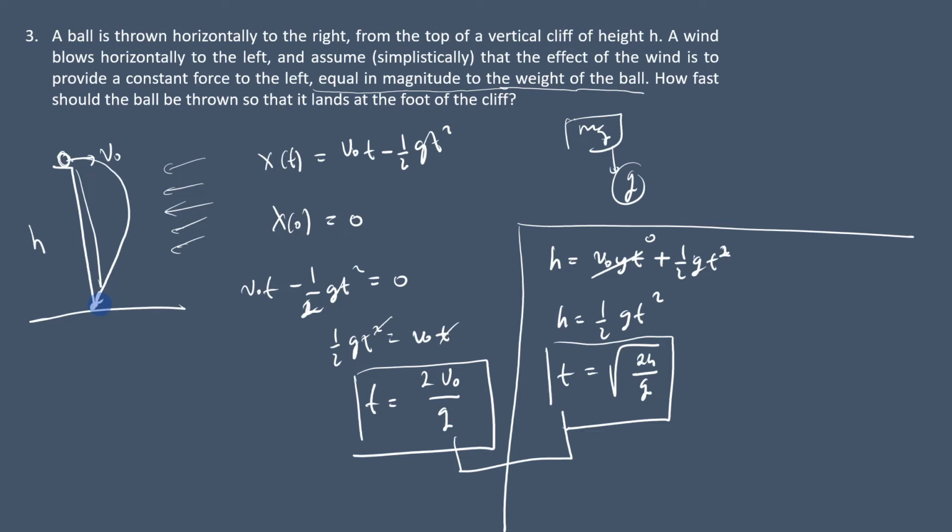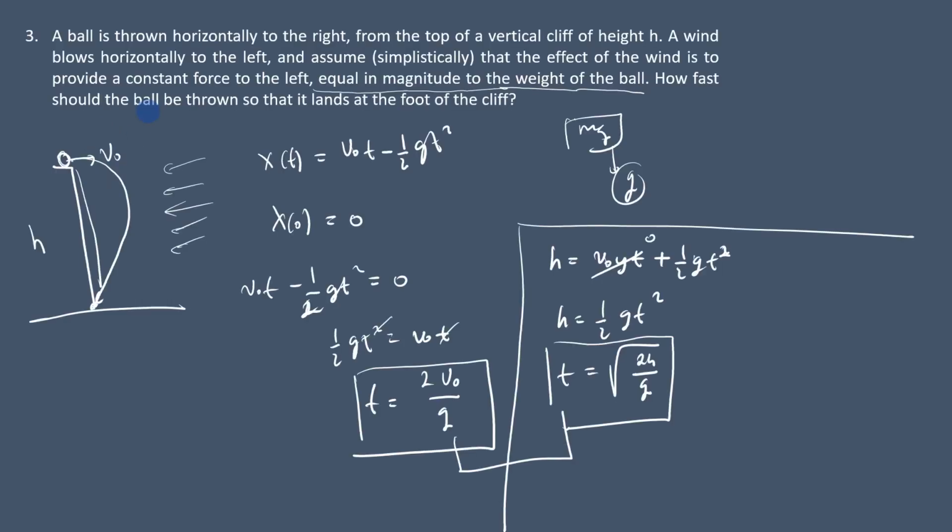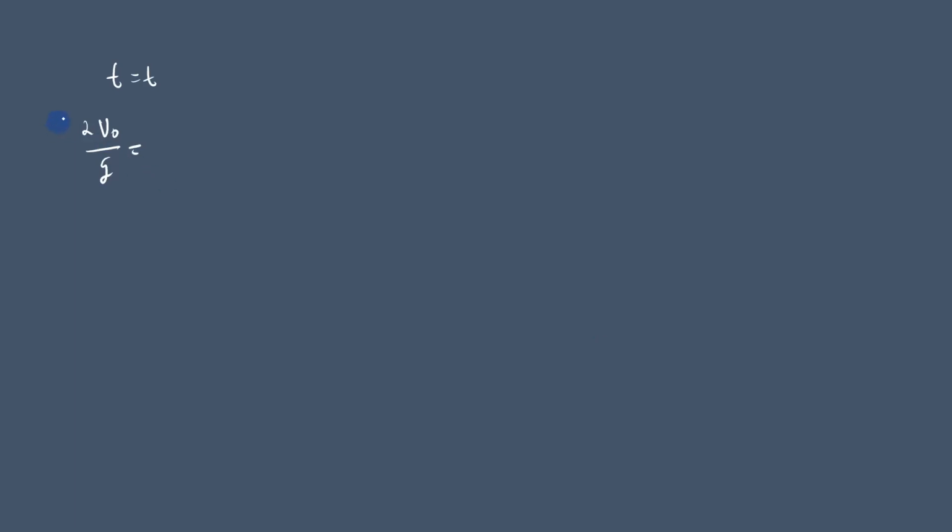So we can write t equals t, where the first t is 2 times v0 divided by g, and 2 times v0 divided by g equals the second t, the square root of 2h divided by g.